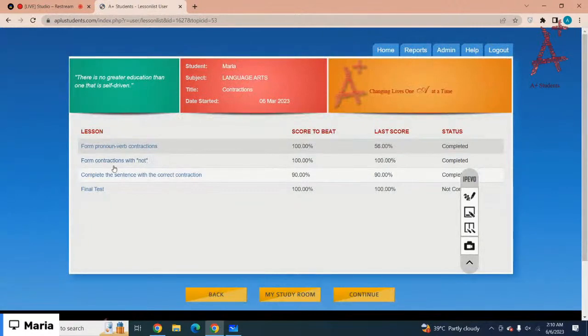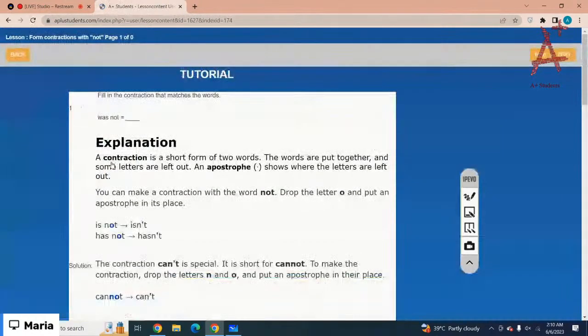Okay, the next one is forming contractions with not. So how do we form contractions with not? Here is the definition of a contraction.